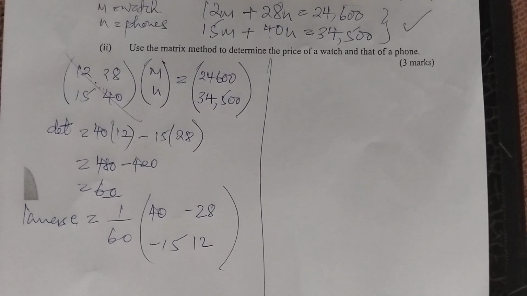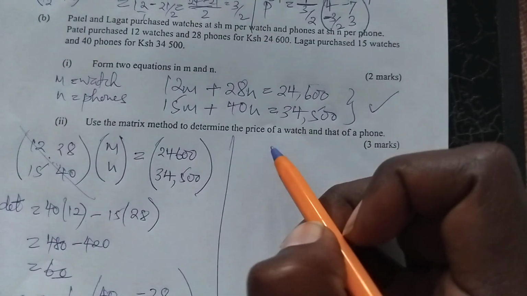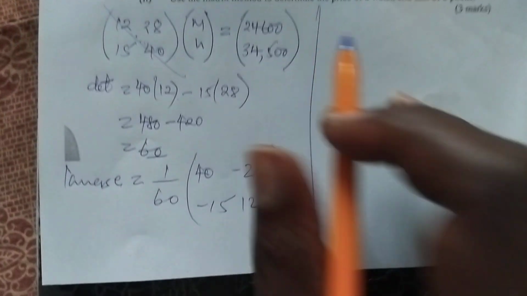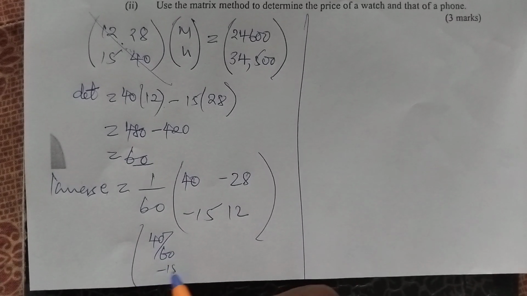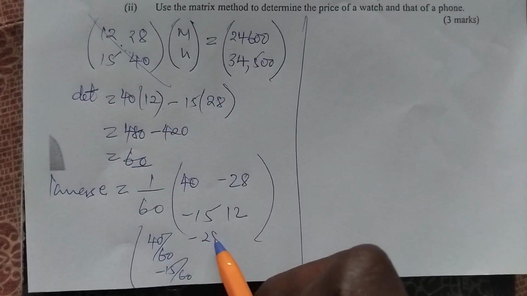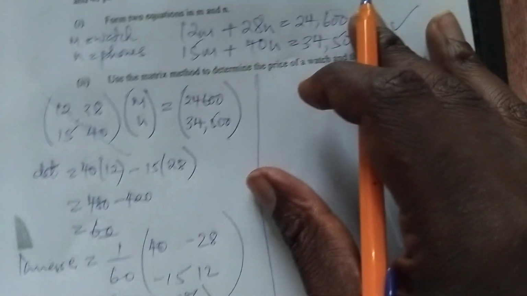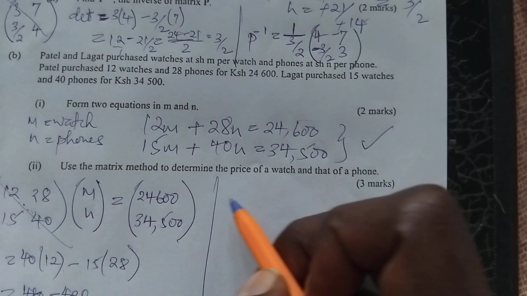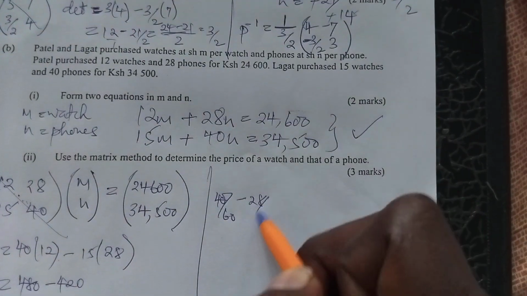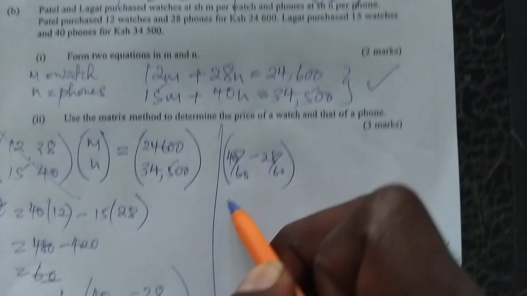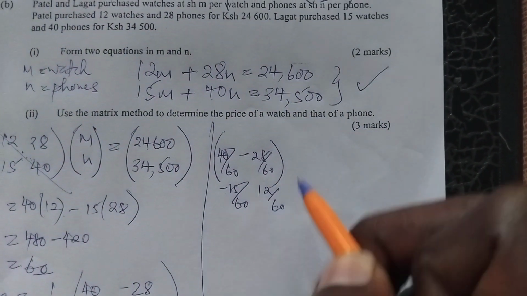If you simplify, we shall have 40 over 60, negative 15 over 60, negative 28 over 60, 12 over 60. So I have 40 over 60, negative 28 over 60, negative 15 over 60, 12 over 60.